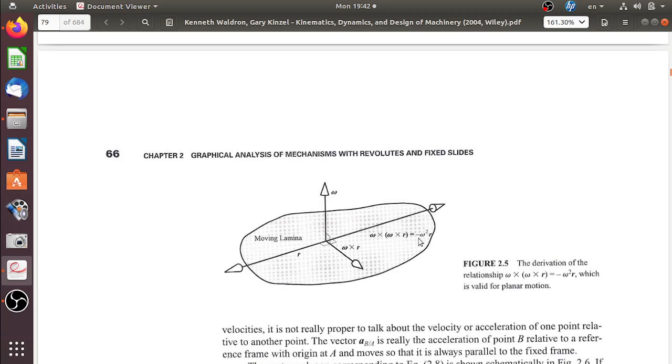This is the r vector, and this is omega cross omega cross r, which means it's in the opposite direction. For that reason we put minus omega square r, because r represents this direction and minus r represents this direction.